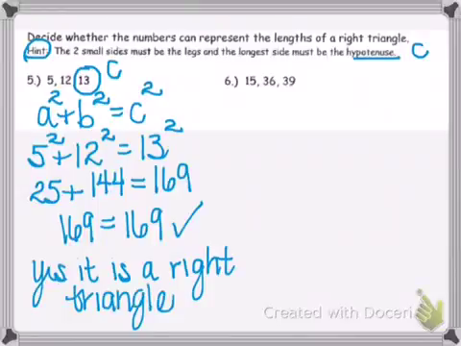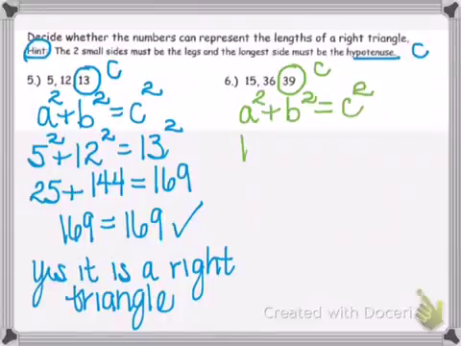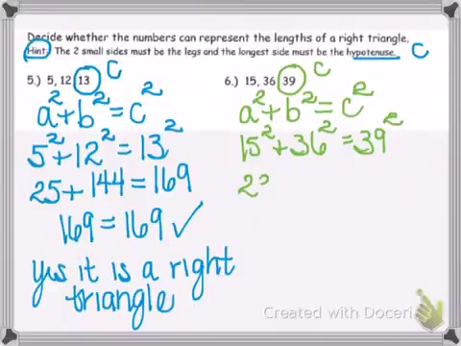Let's take a look at another example. Let's take a look at a right triangle where our sides are 15, 36, and 39, which means C has got to be 39. If we plug it into our Pythagorean theorem, we've got 15 squared plus 36 squared equal to 39 squared. 15 squared gives me 225. 36 squared gives me 1,296, and 39 squared is 1,521.